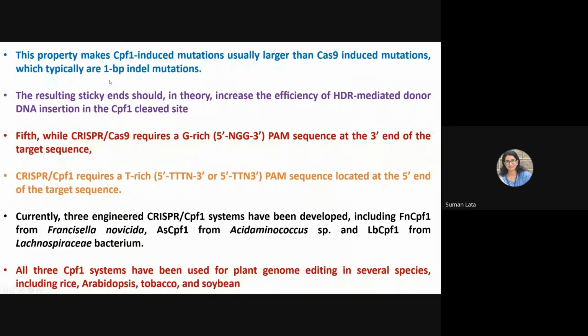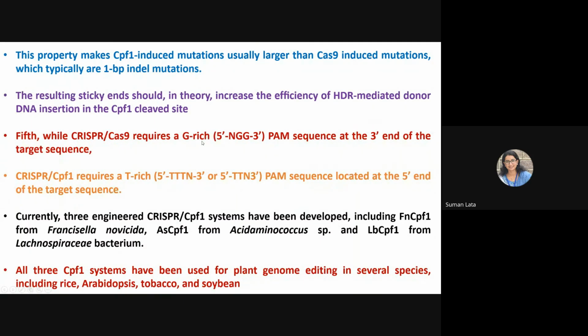In case of Cas9, the mutations are typically one base pair, two base pair indels, insertion deletion mutations. So the sticky ends created by the CPF1 increase the efficiency of the HDR mediated donor DNA insertion in the CPF1 cleavage site. And there are differences in the PAM sequence.